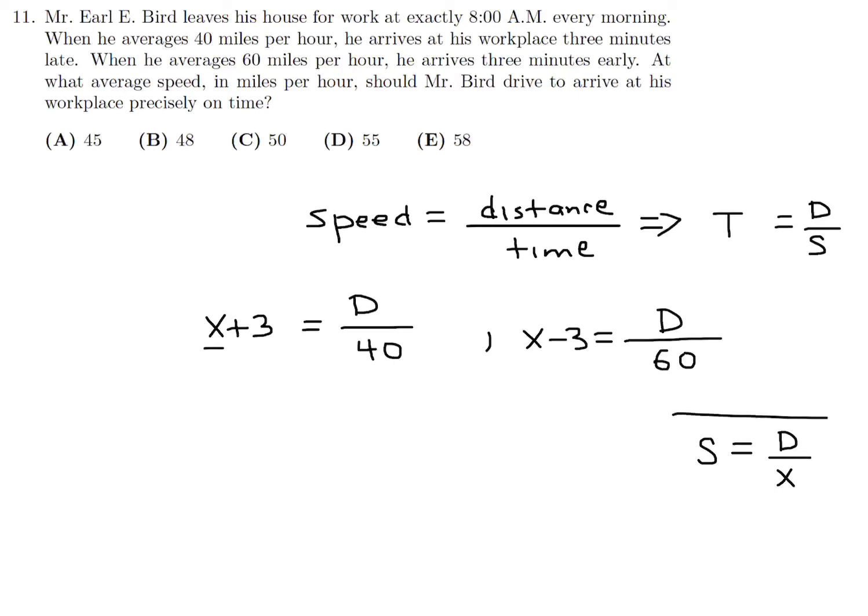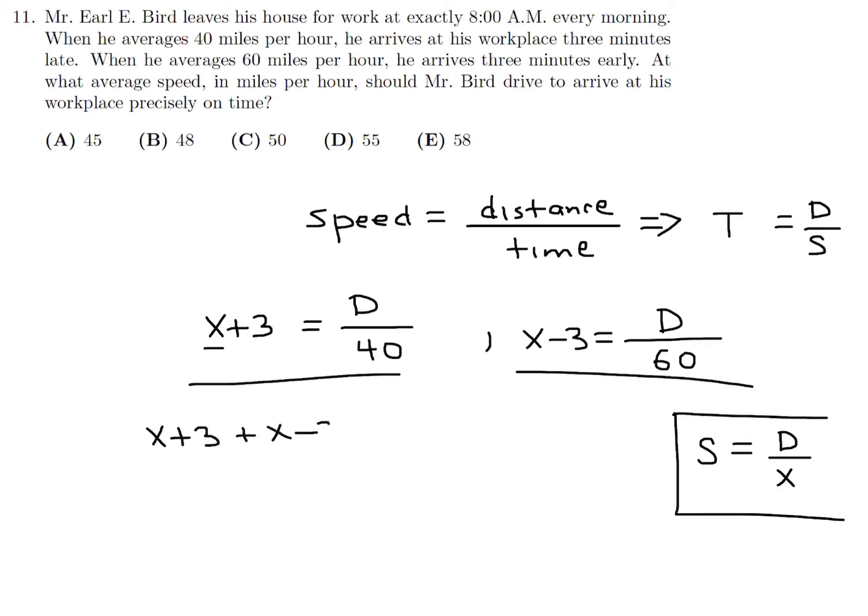So hopefully we can get d over x by some manipulation of these two. Well, let's add them and see what happens. x plus 3 plus x minus 3 is equal to d over 40 plus d over 60. And this becomes 2x because the 3's cancel.